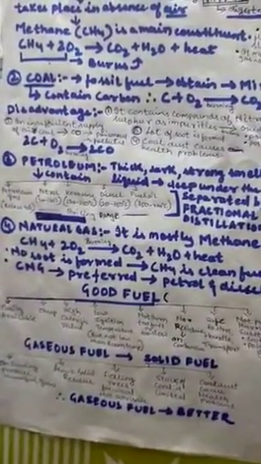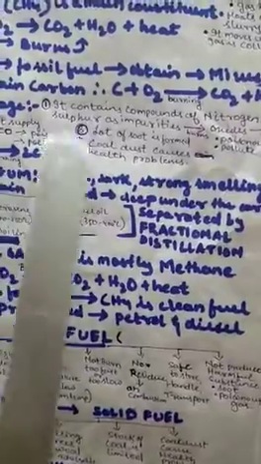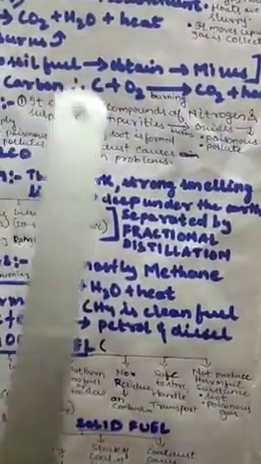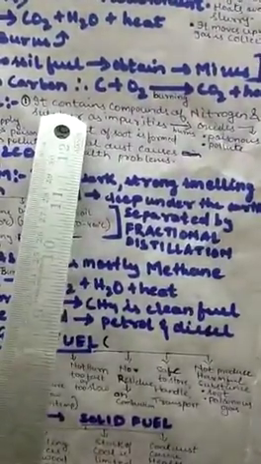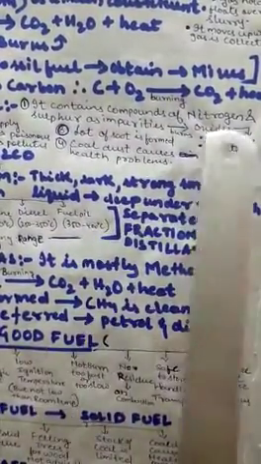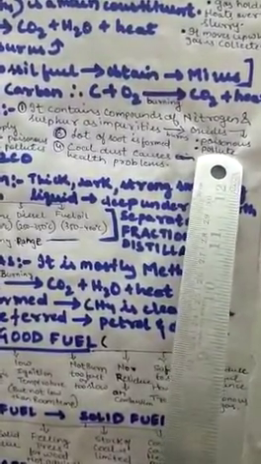Please learn these disadvantages. The number one disadvantage is that it contains compounds of nitrogen and sulfur as impurities, which burn to produce oxides of nitrogen and sulfur. These oxides are very dangerous. They are poisonous in nature and pollute the atmosphere.